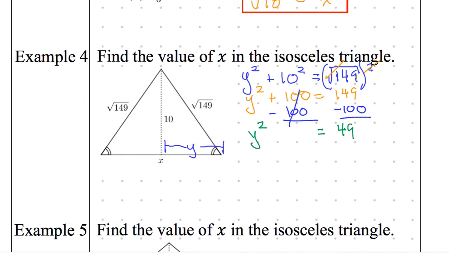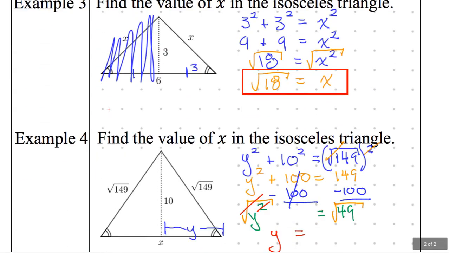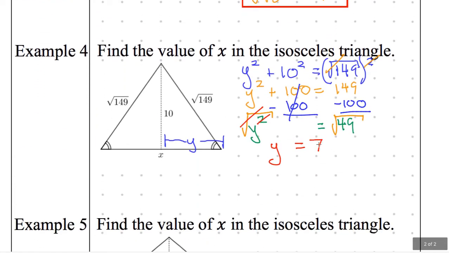We saw the way that we can cancel out a square is by doing a square root. So in this case, I'm going to square root both sides. That will mean that the square root and square cancel each other out, and I'm just left with y is equal to the square root of 49. But the square root of 49 is in the list of squares that you should know. Square root of 49 is 7. So y is equal to 7. That's our final answer, and box it.